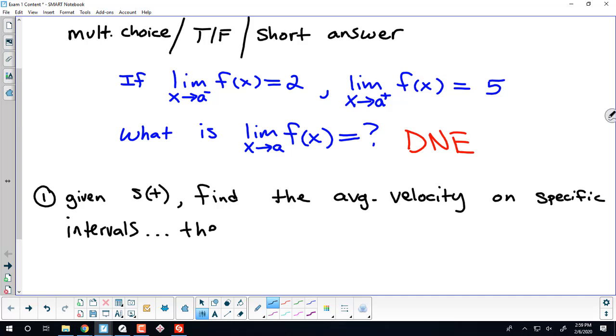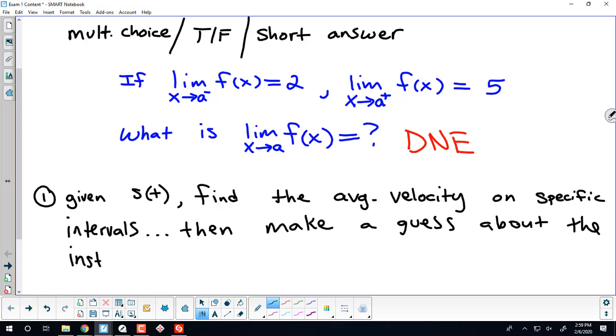Then make a guess about the instantaneous velocity. So this was what we did in 2.1, the very first section.